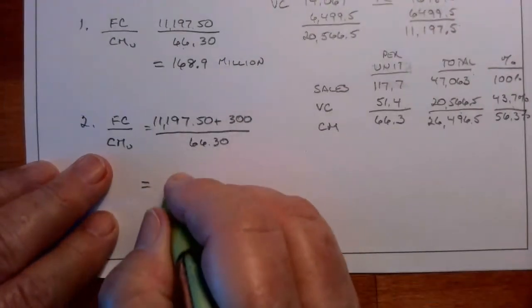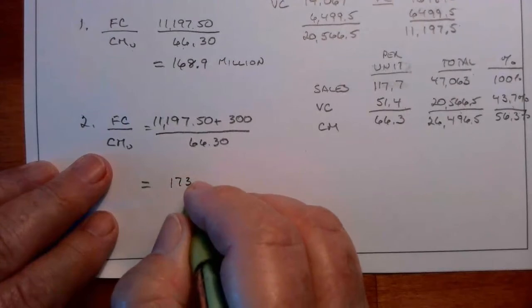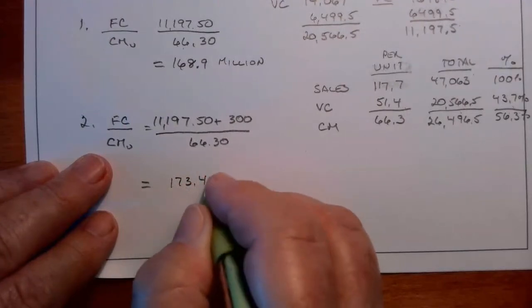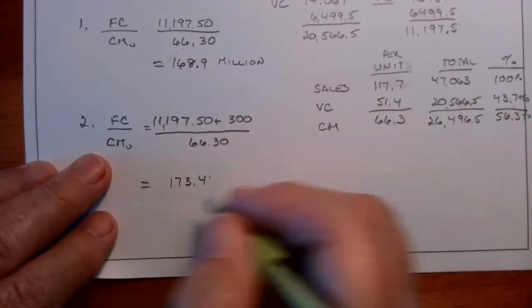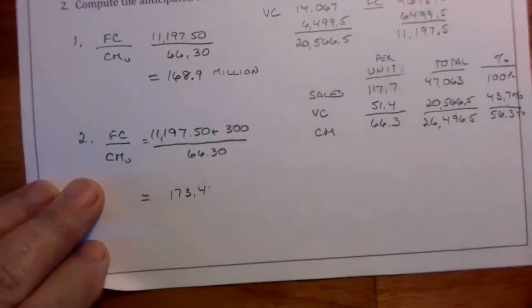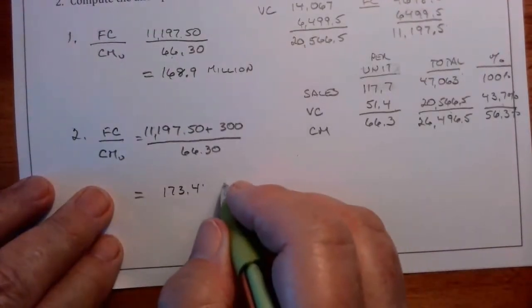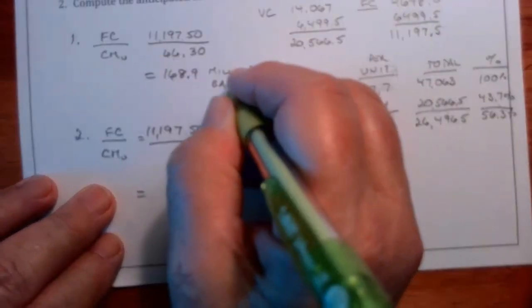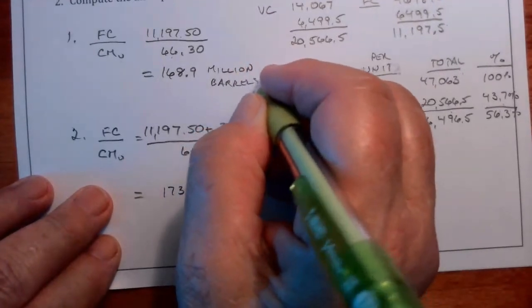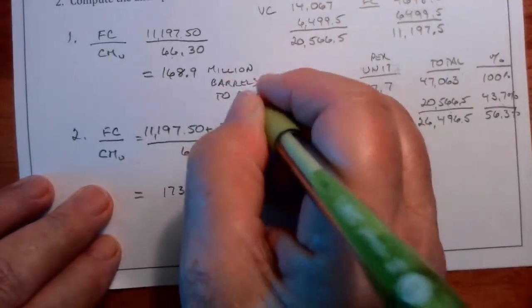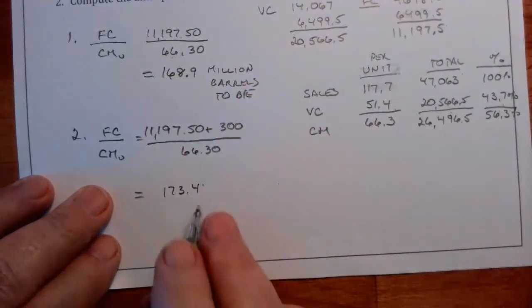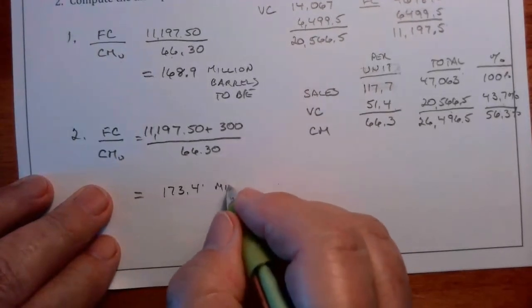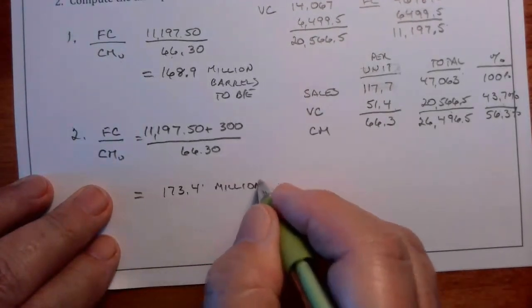That gives us 173.4 million barrels to break even. It doesn't make that much difference. It goes up a little bit because our fixed cost increased.